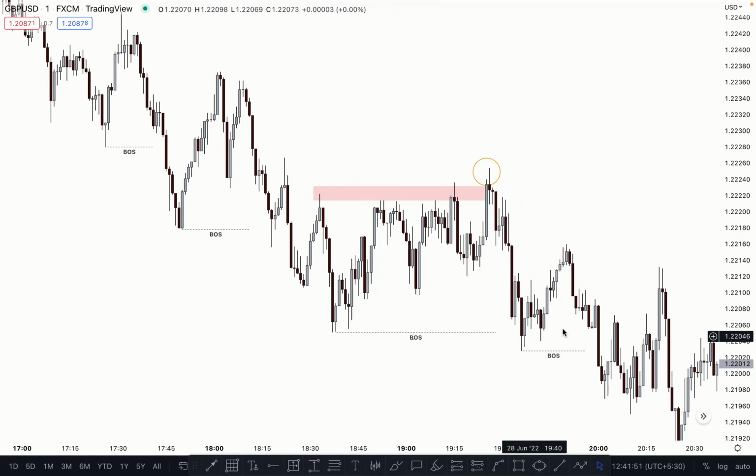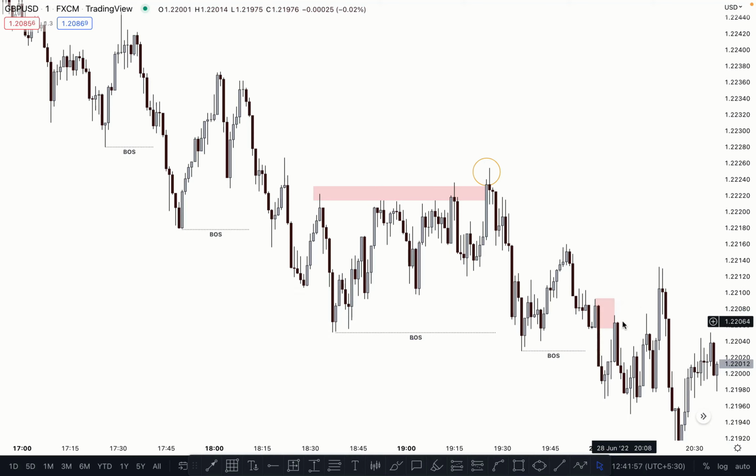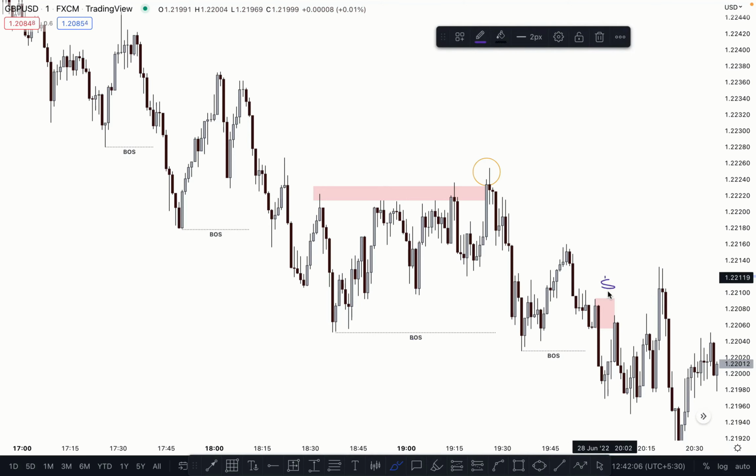So what happened here? After it broke this structure, the market tapped here and showed some reaction to induce people, and then what happened? Price went higher, took all the stop losses, collected all these stop losses here, and then tapped this extreme, and this high acted like liquidity. The same thing applies here.